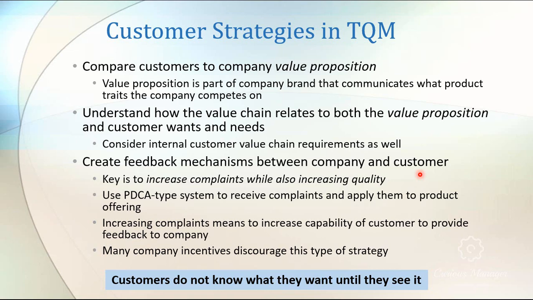So we take all these and we use a PDCA type system to receive the complaints and apply them to product offerings. So as we determine how our product meets customer requirements, we can go internally to our operation strategy and then apply this quote unquote voice of the customer to internal processes to make them better.